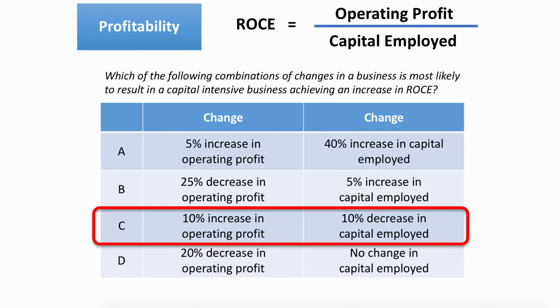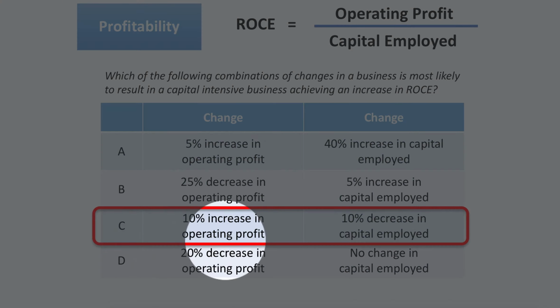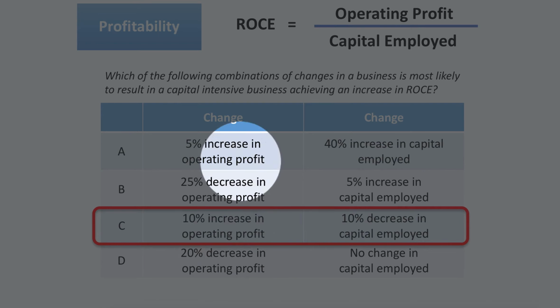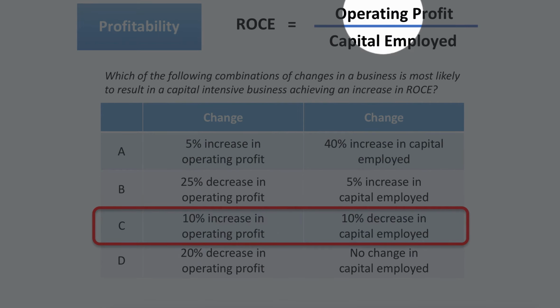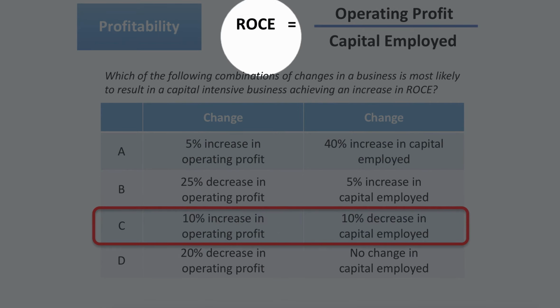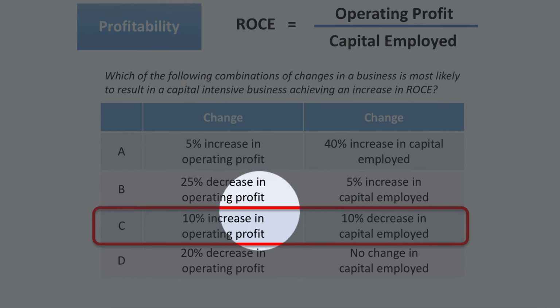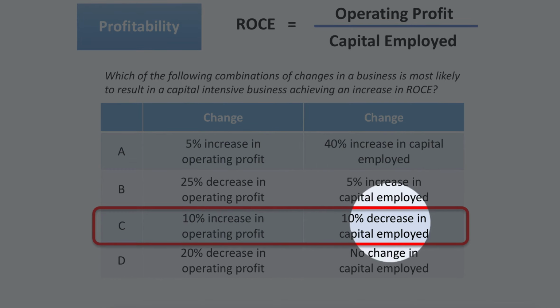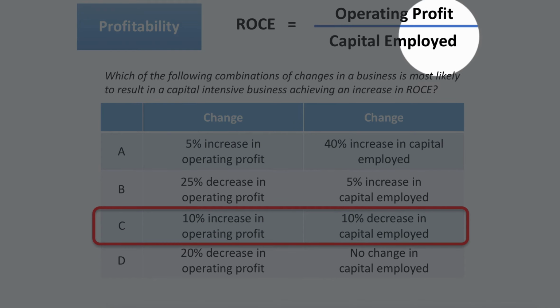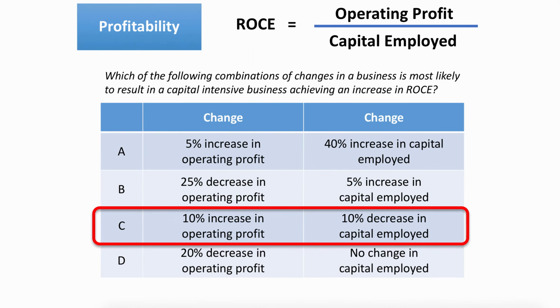And as you can see, option C does both. It's a 10% increase in the operating profit at the top of the formulae. That's good news for the return on capital employed ratio, but also a decrease in capital employed. That should result in a higher return on capital employed. Good.